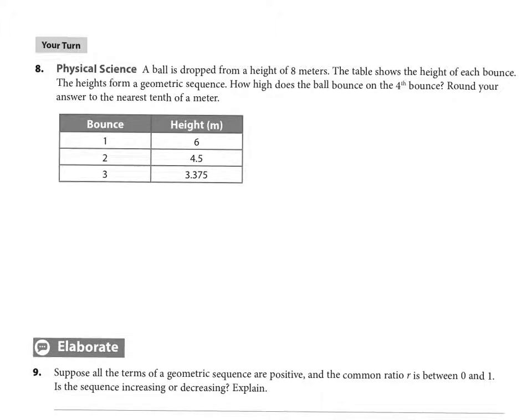First thing we want to do is look and think logically. If you're bouncing, the ball is going to bounce less high, so it's going down. What that tells me is that if it's going down, then my r has to be a fraction less than 1.